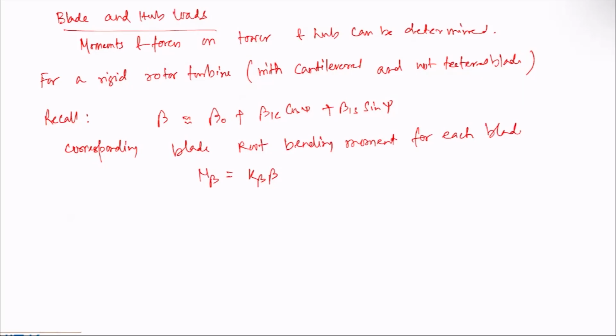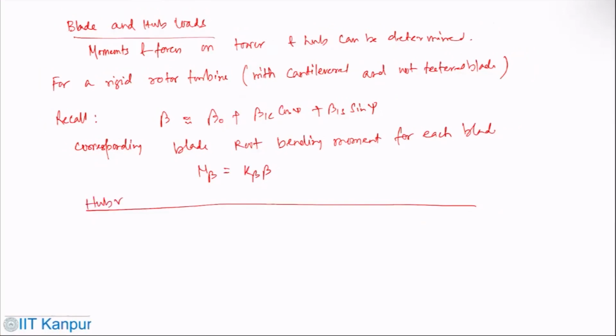So if you look at the hub reactions, you have tethered rotor, and then you have cantilevered.